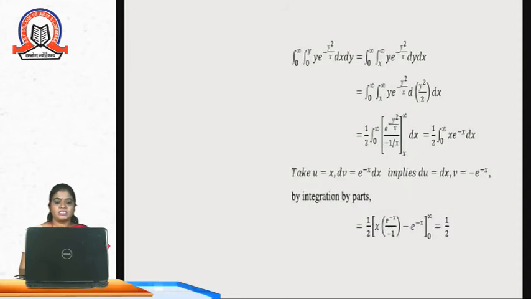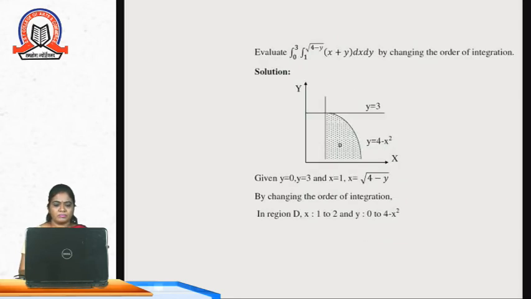Integral 0 to infinity, integral 0 to y e power y square by x dx dy equal to integral 0 to infinity, integral x to infinity, y e power y square by x dy dx. The result will be, after using integration by parts, the result is 1 by 2.